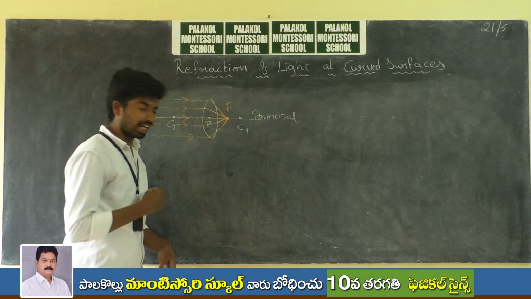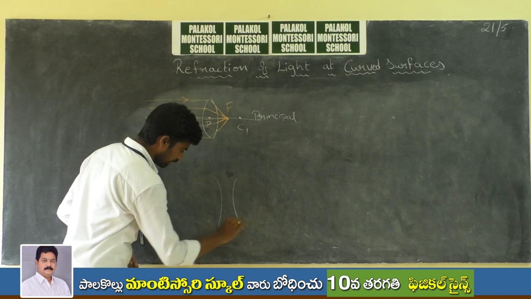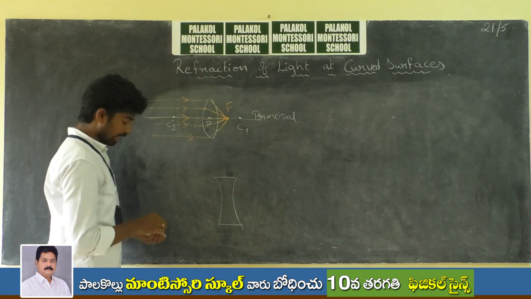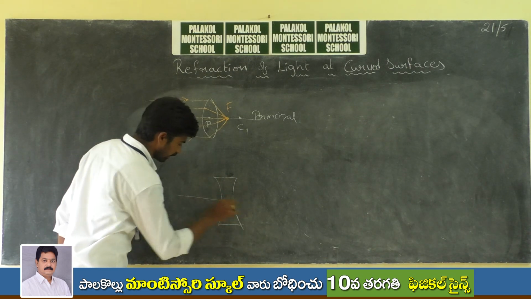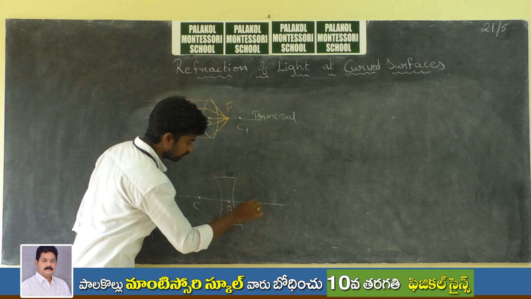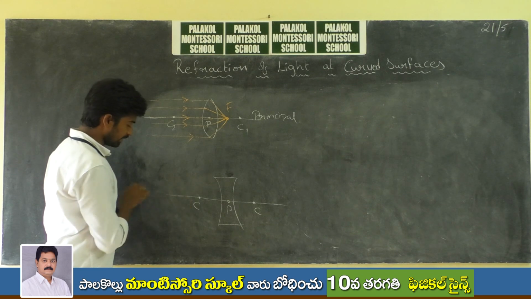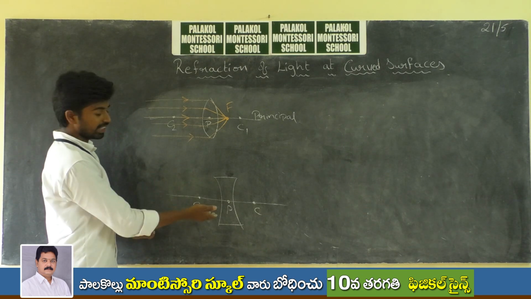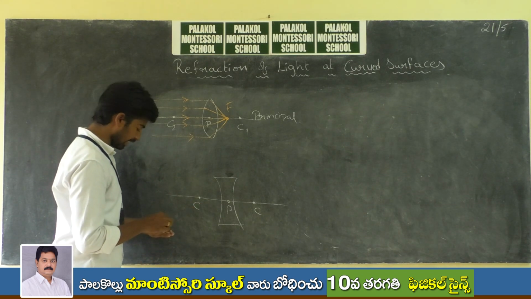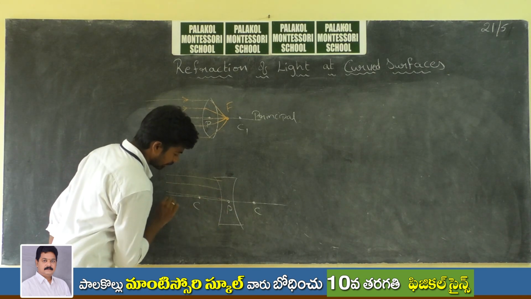Let us see what happens in the case of a concave lens. I have considered a concave lens. The line joining the center of curvature and the pole is the principal axis. I have considered light rays parallel to the principal axis.